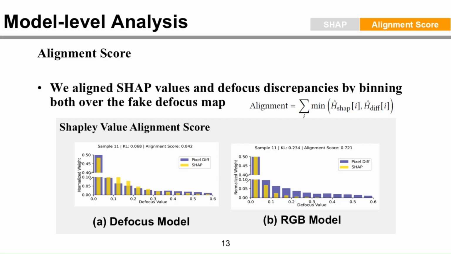In this chart, the purple bar represents the ground truth defocus difference, and the yellow bar represents the SHAP value. The final alignment score is the histogram intersection. We simply take the minimum value of the 2 distributions at each bin and then sum them all up. A higher score means the model is looking at the right place.